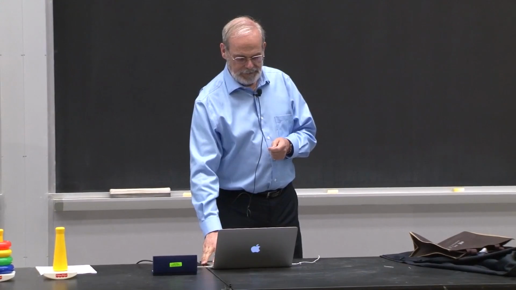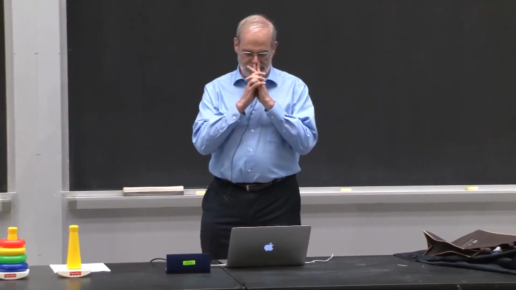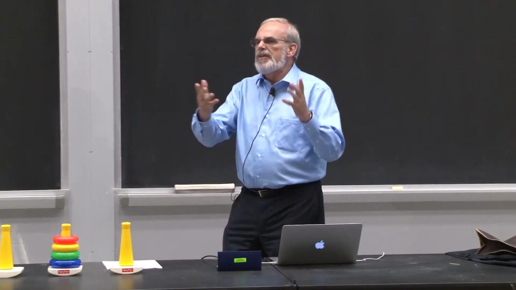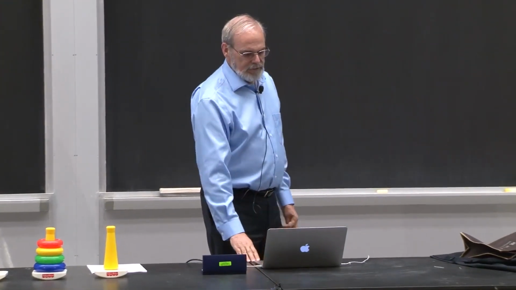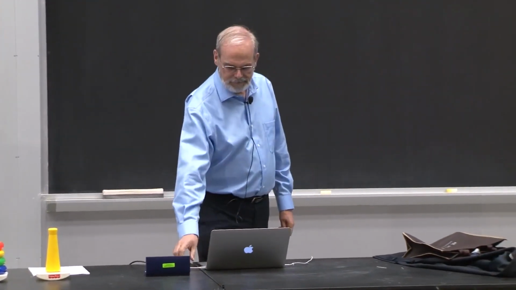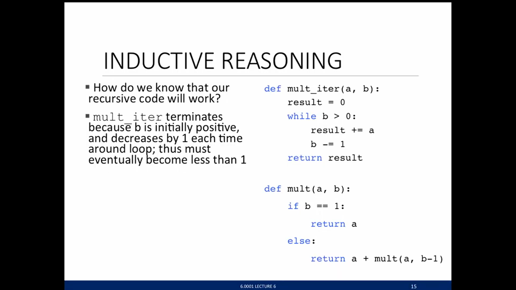Right, one more example. How do we really know our recursive code works? Well, we just did a simulation, but let's look at it one more way. The iterative version, what can I say about it? Well, I know it's going to terminate because b is initially positive, assuming I gave it an appropriate value. It decreases by 1 every time around this loop. At some point, it has to get less than 1. It's going to stop.